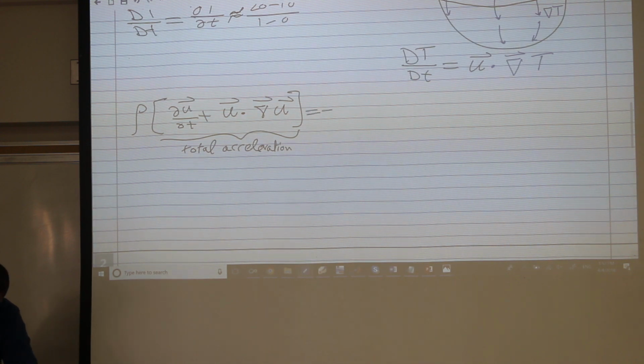This is equal to negative nabla p plus mu nabla squared u. And you can see this term, the convective acceleration, this term is what? This term is nonlinear, right?